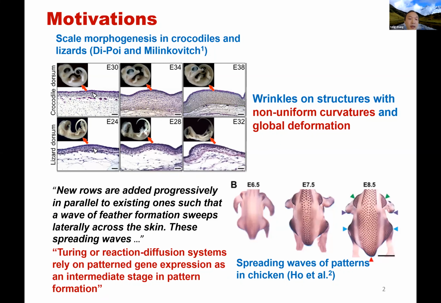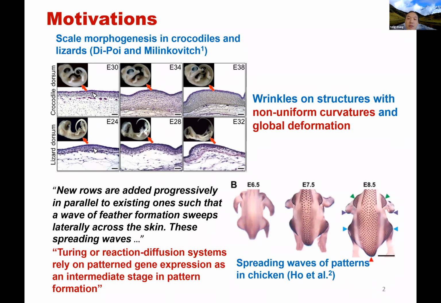This is a very interesting phenomenon, and people in different fields try to use different methods or models to understand it. One model in biology is the Turing or reaction-diffusion system that relies on the pattern of gene expression as an intermediate stage in the pattern formation.